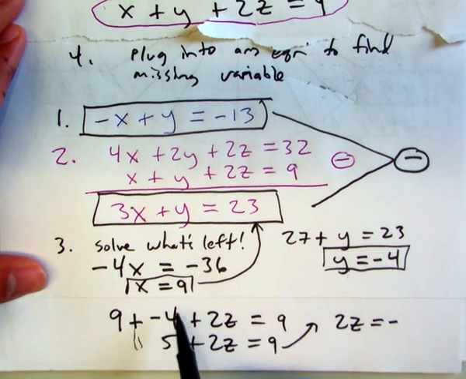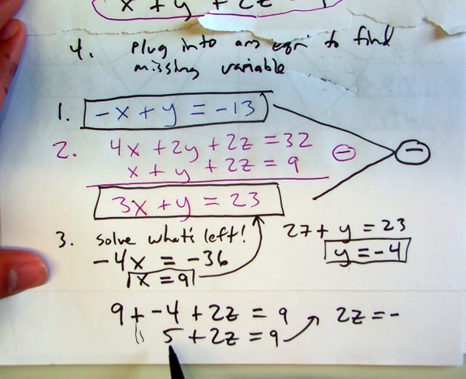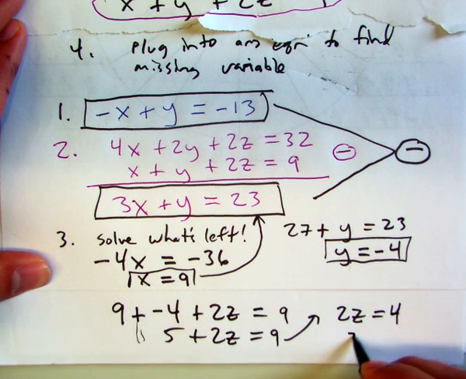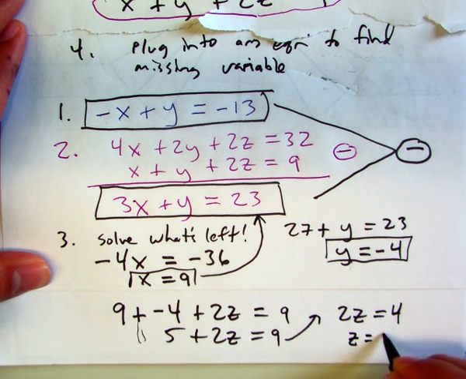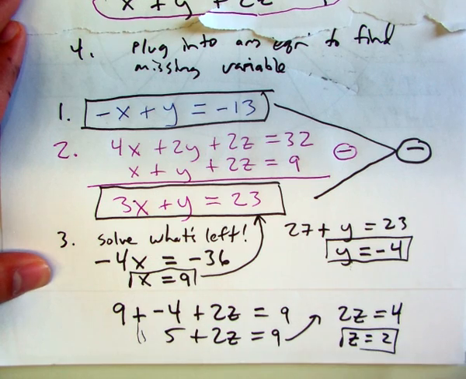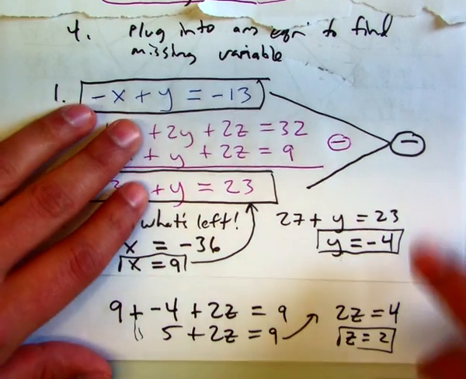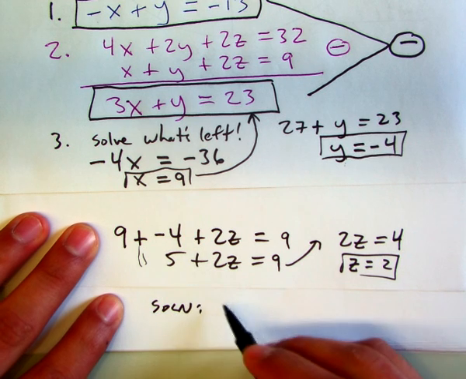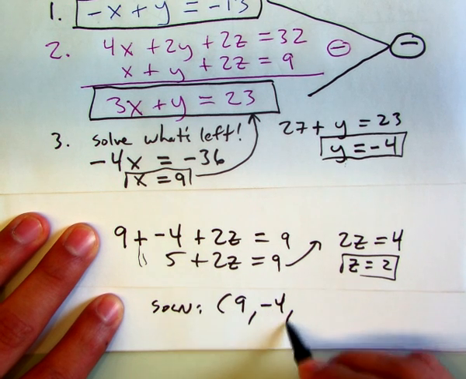Combine the 9 and the negative 4, you get 5. Move it over, you get 2z equals 4. So then z is going to be 2. And now we have our one answer. The solution is then 9, comma, negative 4, comma, 2.